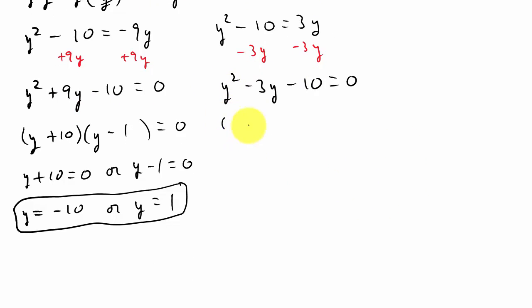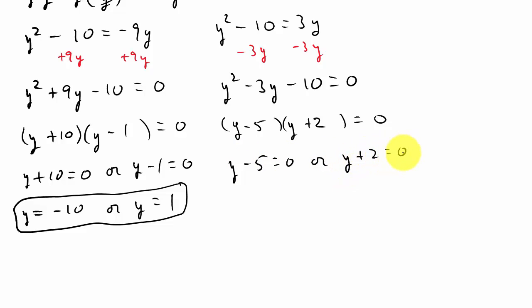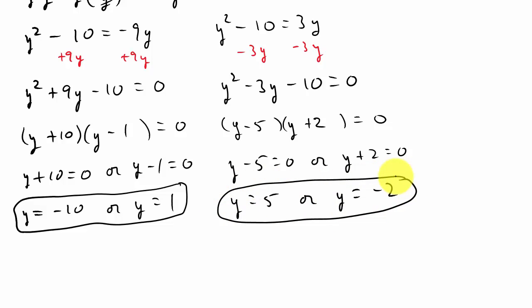And so I have a quadratic, so I'll factor it. So that's y, and let's see, we would do minus 5 and plus 3. No, I'm sorry. Minus 5 and plus 2. Alright, so that's y minus 5 equals 0, or y plus 2 equals 0. And so y equals 5, or y equals negative 2. And there's those two solutions. So we get 4 solutions here.